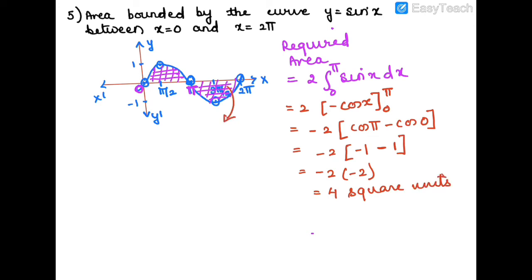Remember, when you find out this area separately also, in case it is coming out to be negative, not in this question but in any other question, remember area is always positive, so always take a modulus function.